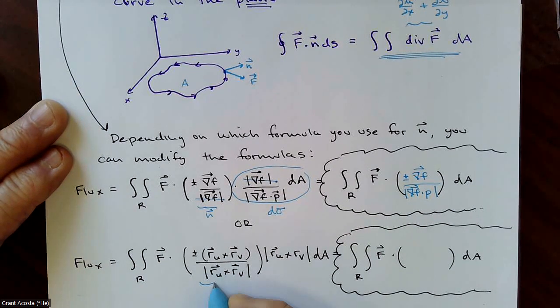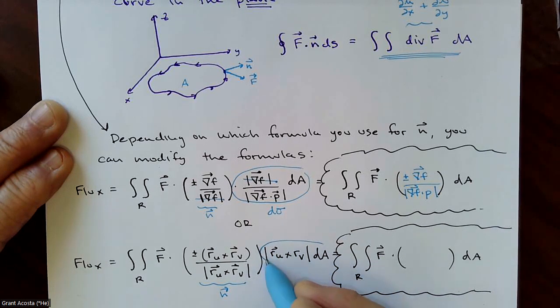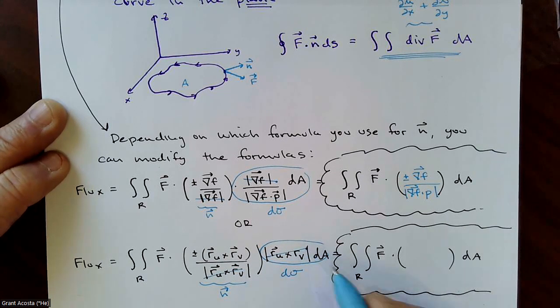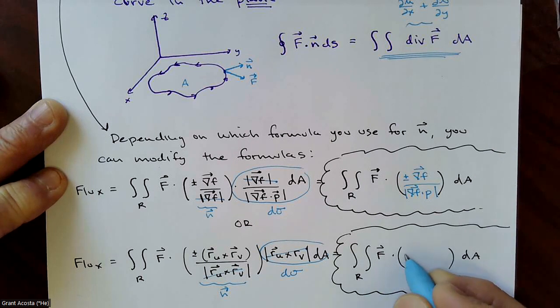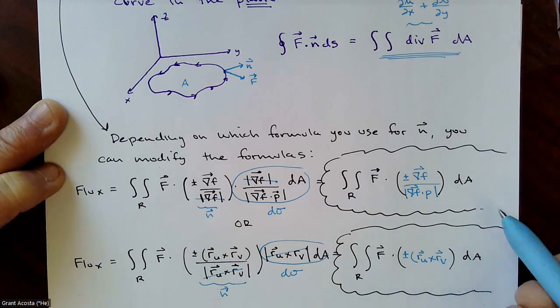Alternatively, if you use the parameterization formula for your unit normal vector, f dotted with n, here's d sigma, you can see that the magnitude of r sub u cross r sub v cancels out, and we really just end up with the dot product of f dotted with plus or minus r sub u crossed r sub v over the region.